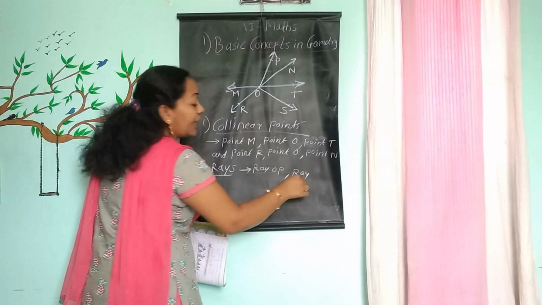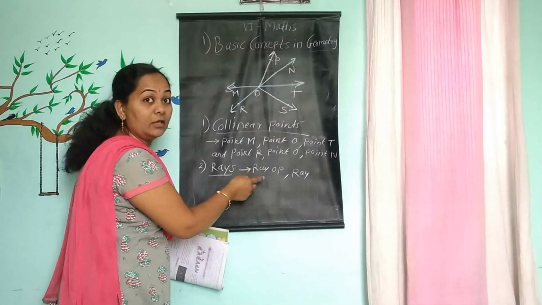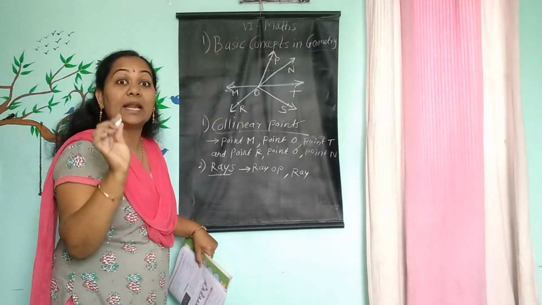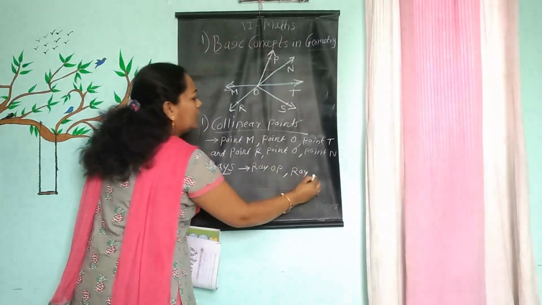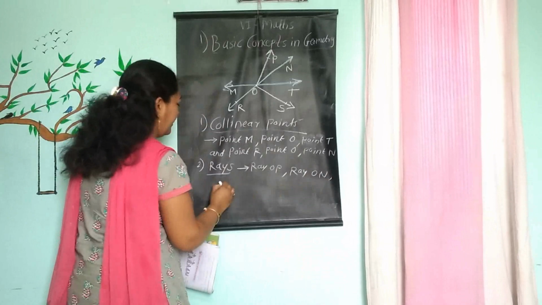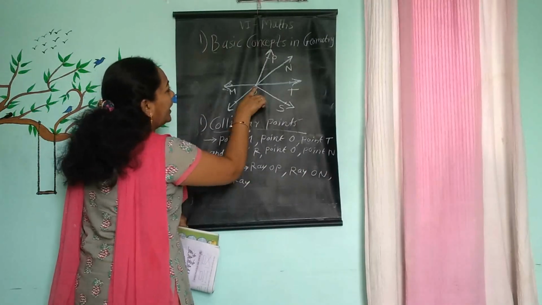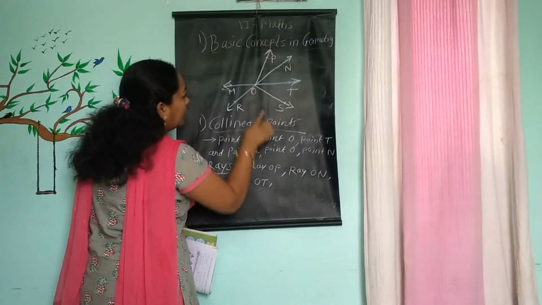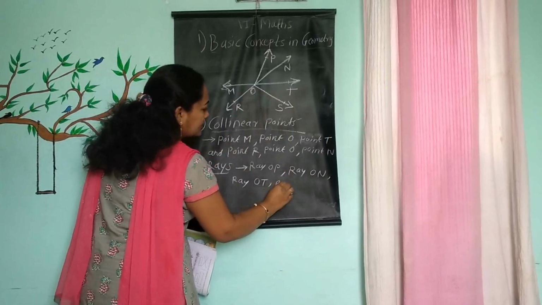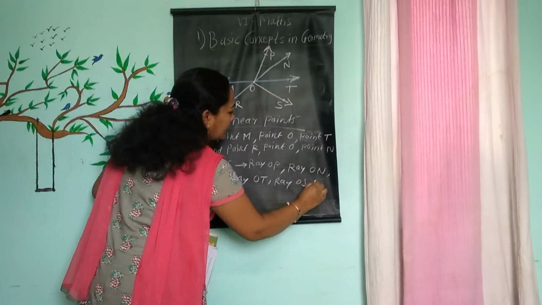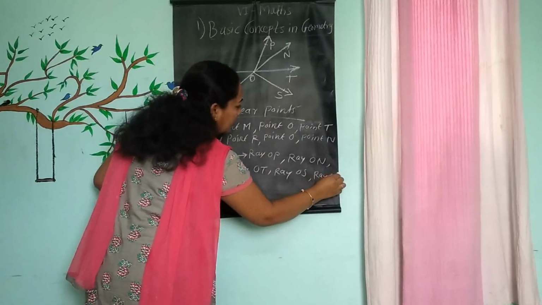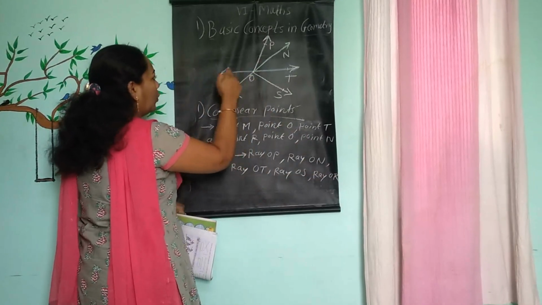Second ray. If we are writing one ray, we write ray. If we are writing a number of them, we write rays. So here, ray ON. Go clockwise. Ray ON, ray OT, ray OS, ray OR, ray OM.